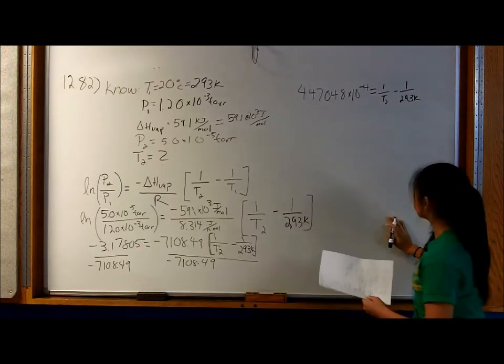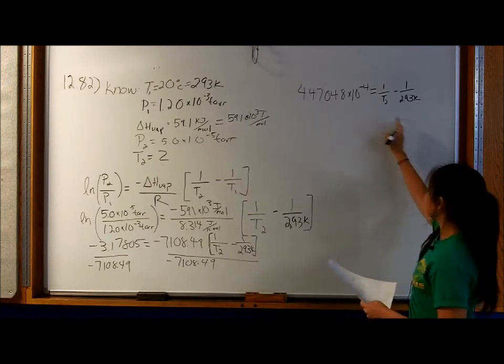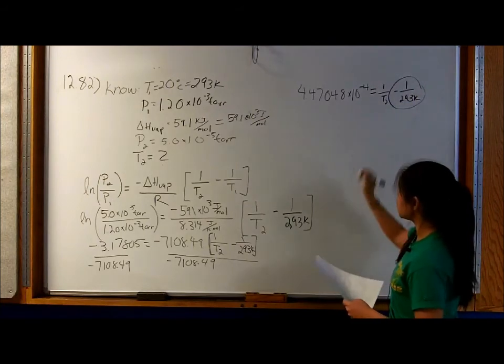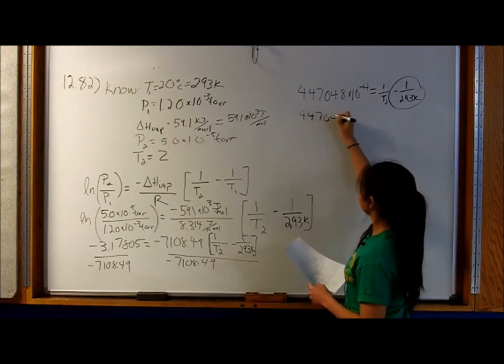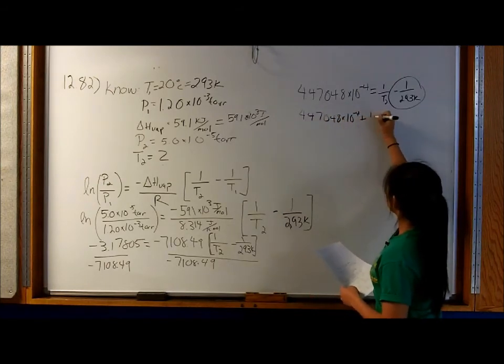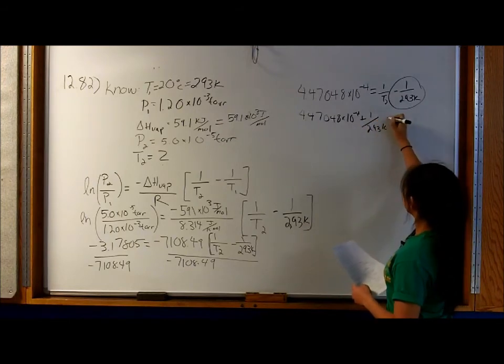So what you're going to want to do now is you want to still isolate for T2, right? So you're going to add this value to each side. So what it's going to be eventually is 4.47048 multiplied by 10 to the negative fourth plus 1 over 293 Kelvin equals 1 over T2.